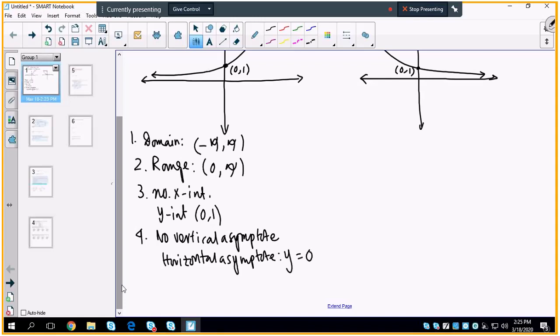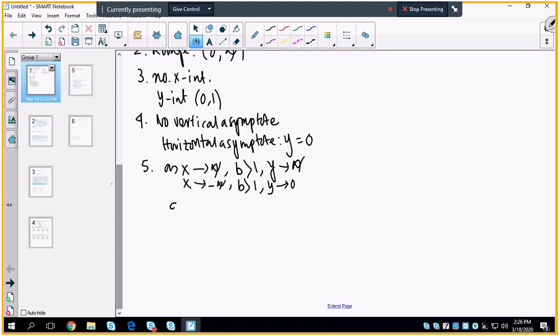We also talked about the long-run behavior for exponential functions. We said that as x goes to infinity, for b greater than 1, y goes to infinity on the right-hand side, whereas as x goes to negative infinity, for b greater than 1, on the left-hand side, y goes to 0.